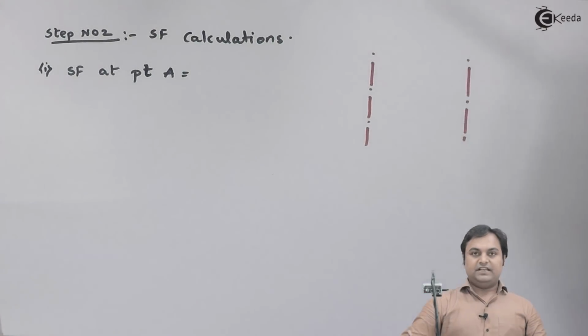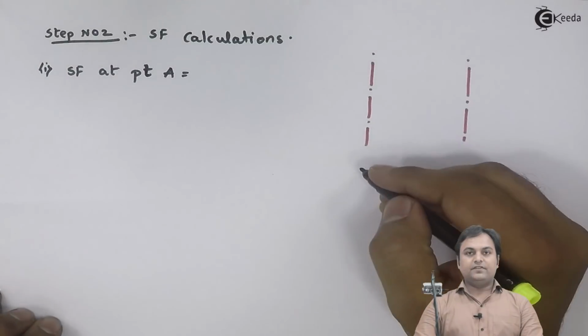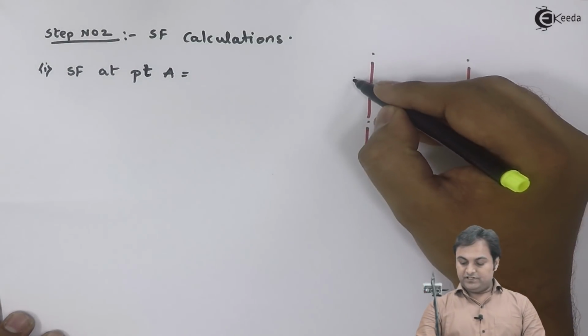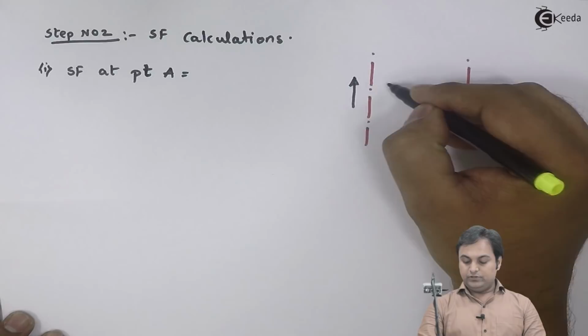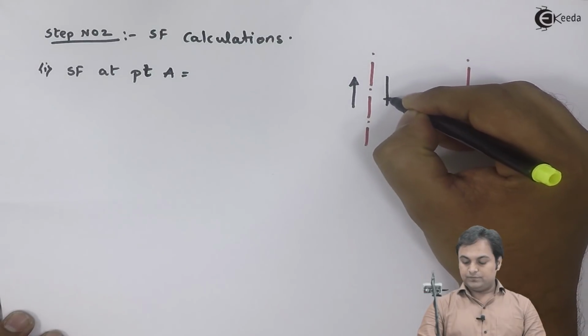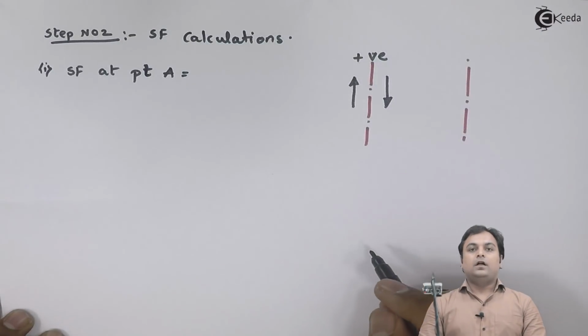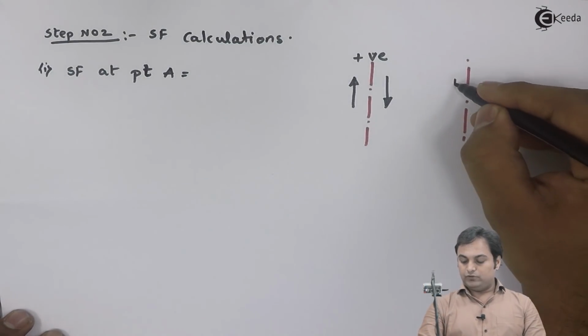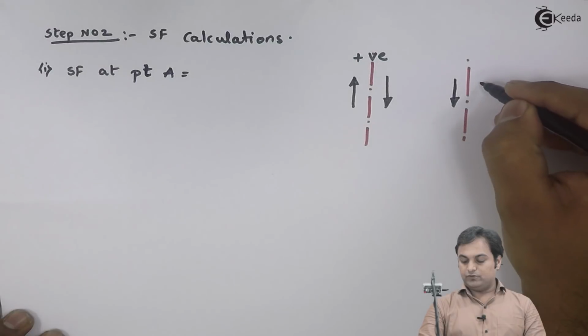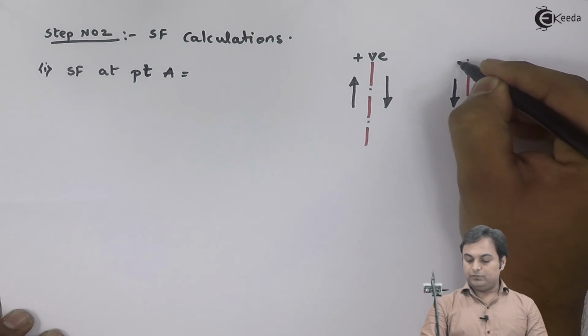Now the sign convention is, if we are taking a section, to the left of section if there is upward force, and to the right of section if there is downward force, both have to be considered positive. Next, if we have downward force to the left of section and upward force to the right of section, they have to be taken negative.